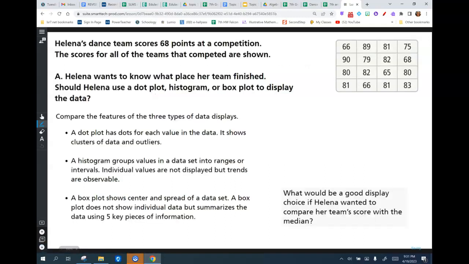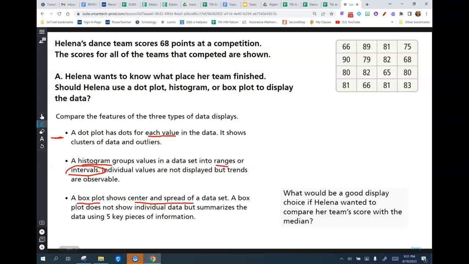Helena's dance team scores 68 points at a competition. The scores for all the teams that competed are shown. Helena wants to know what place her team finished. Should Helena use a dot plot, histogram, or box plot to display the data? A dot plot is if you want to look at each individual value. A histogram is if you want to look at a range or intervals. And a box plot is if you want to look at the center and spread.